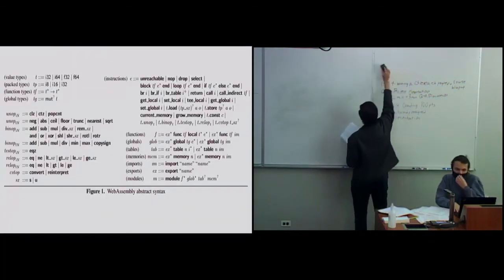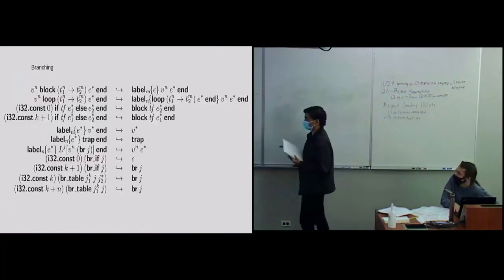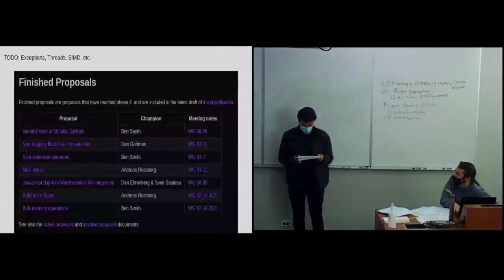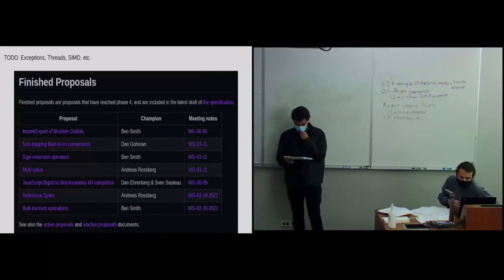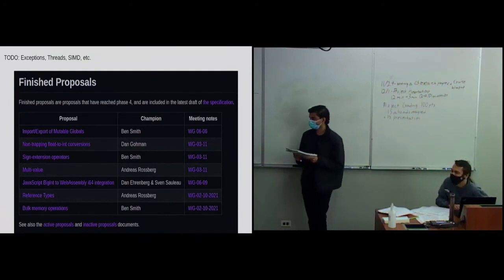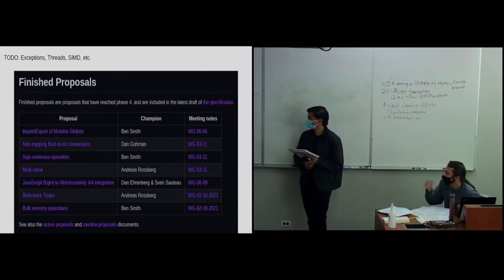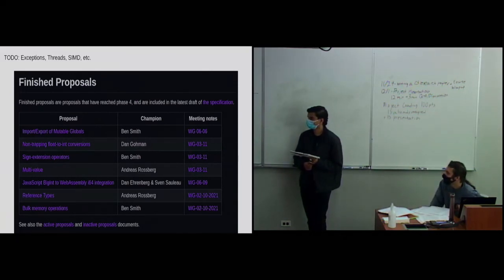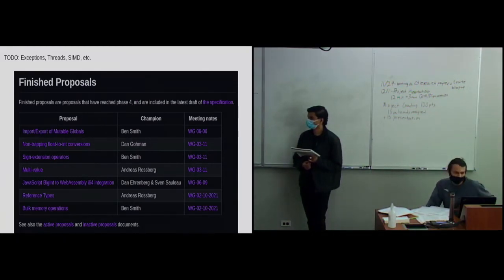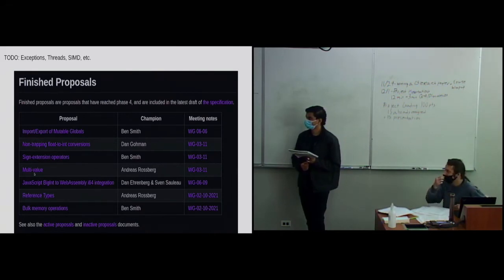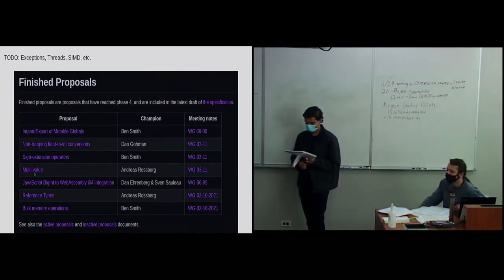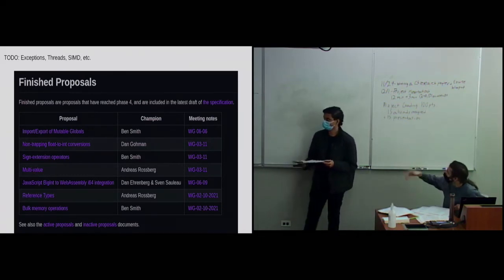They just changed some of the syntax, and when this paper was released, a lot of the stuff they mentioned here was not supported in the implementations, which was discussed in the paper, but we didn't really mess with that. For example, where it says multi-value, they only allowed functions to have one output, and the same thing with blocks.